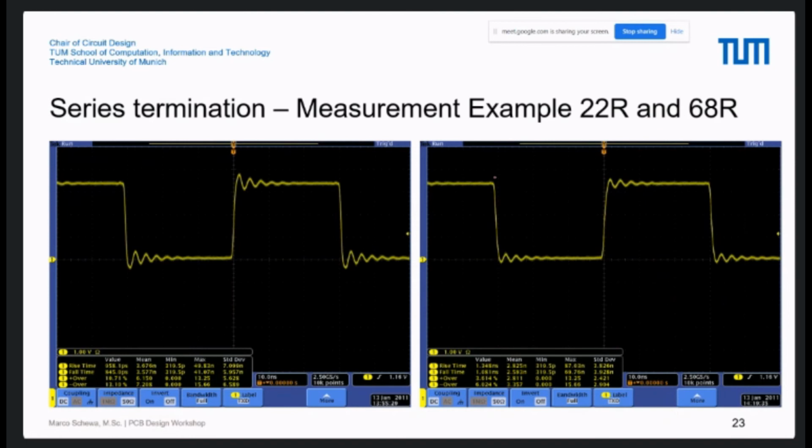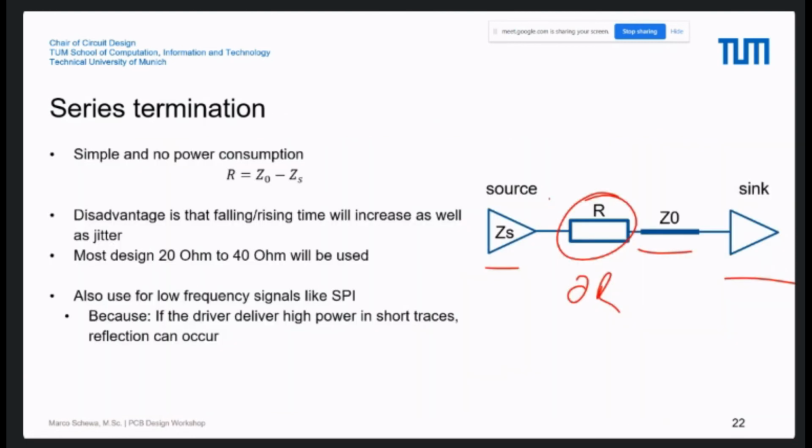So this small resistance can help your matching. And as a rule of thumb, you can say the resistance should be Z0, this is my line, minus the source impedance. So this is more matching between these two things.